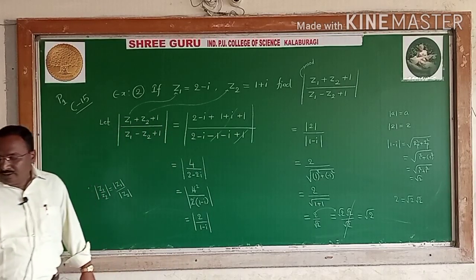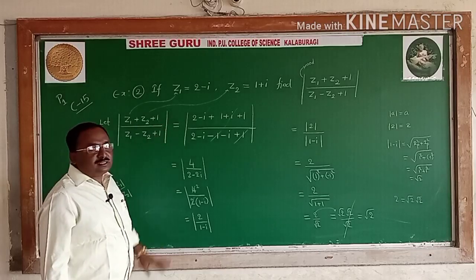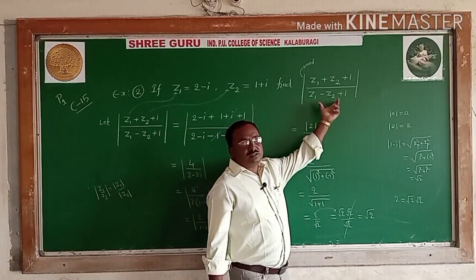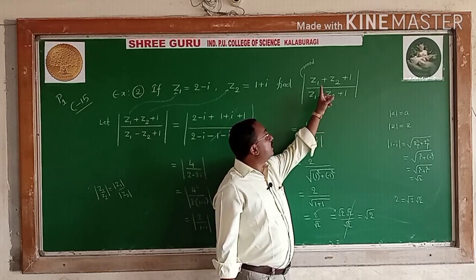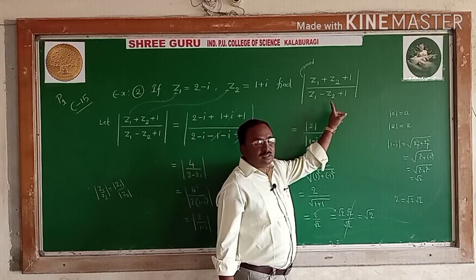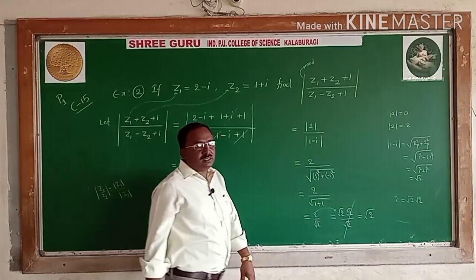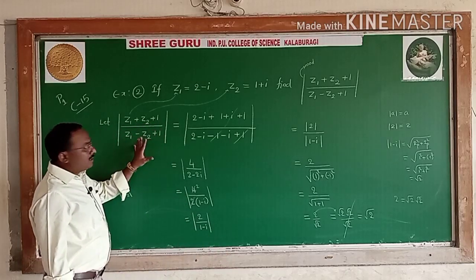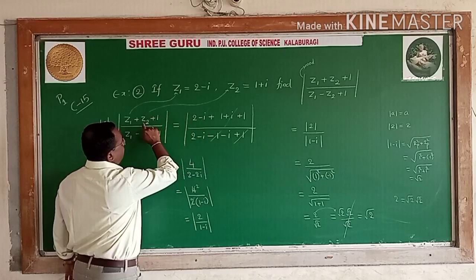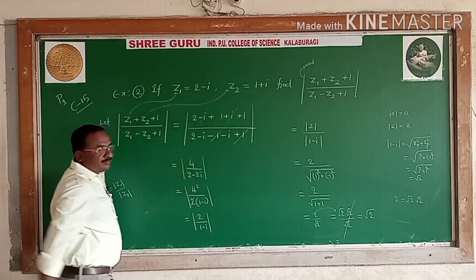Listen carefully. Here if Z1 is equal to 2 minus i and Z2 is equal to 1 plus i, find this modulus. Inside the modulus, Z1 is there, Z2 is there. Substitute the given complex numbers. Z1 is 2 minus i, Z2 is 1 plus i, plus 1 as it is.